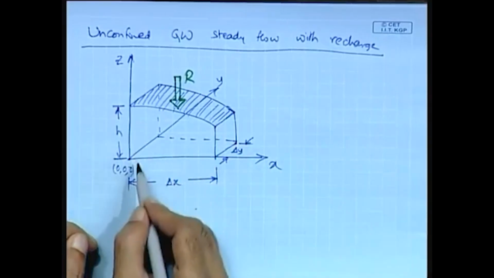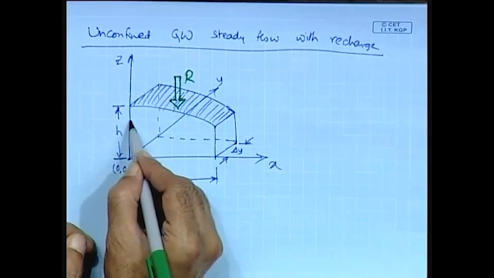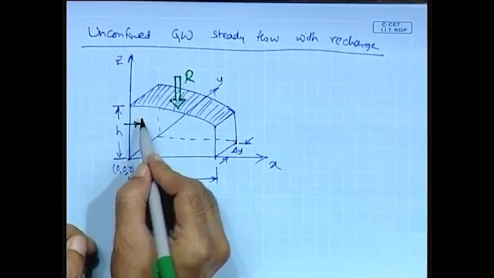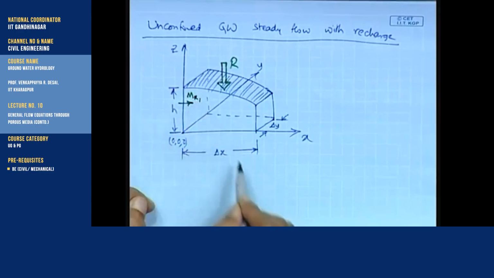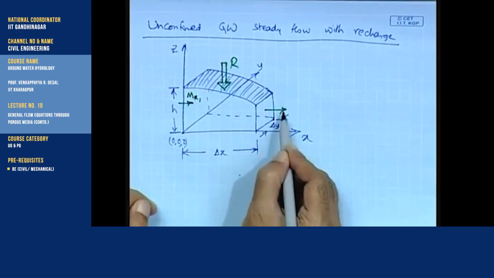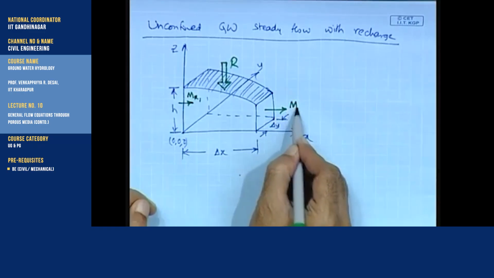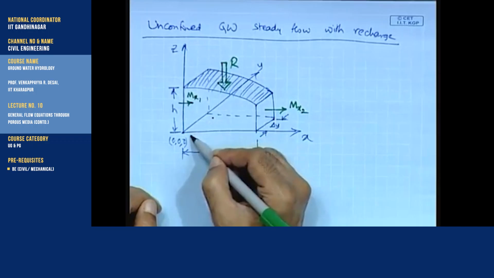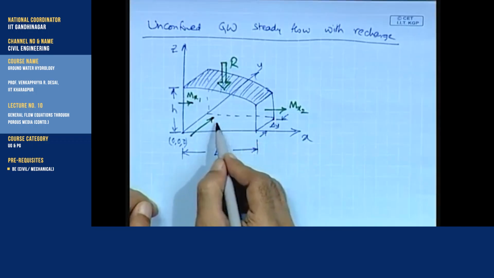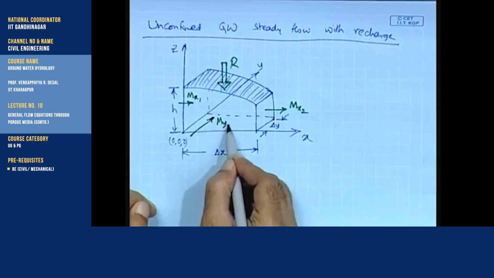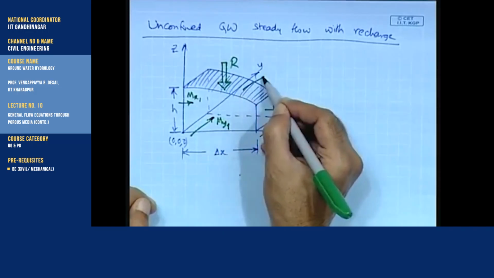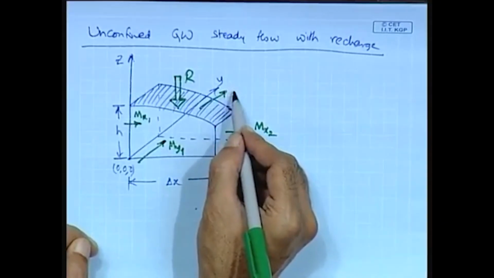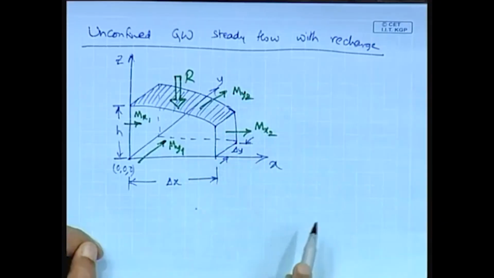So, let the mass inflow through x direction be mx1, let this be mx2, and similarly the mass inflow in the y direction be my1, and the mass outflow along the y direction be my2.